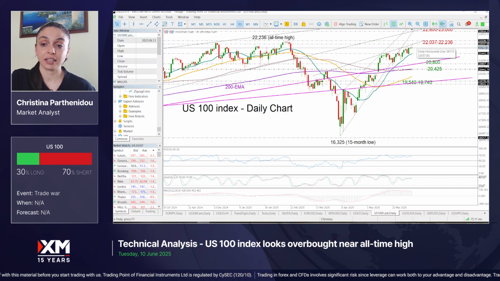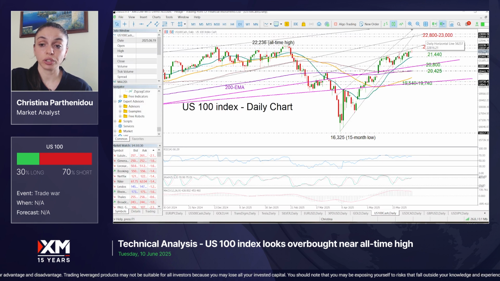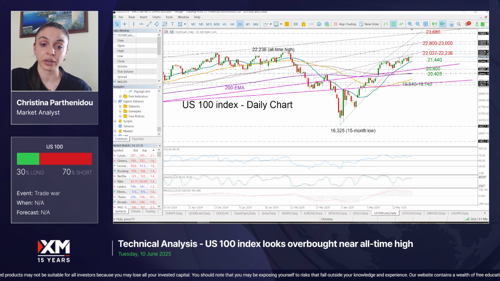If they get some encouraging signs that China and the US are approaching a deal, that could boost sentiment, likely pushing the price above the key constraining zone of 22,037 and 22,236, and probably towards the next barriers in between 22,800 and the 23,000 psychological mark.